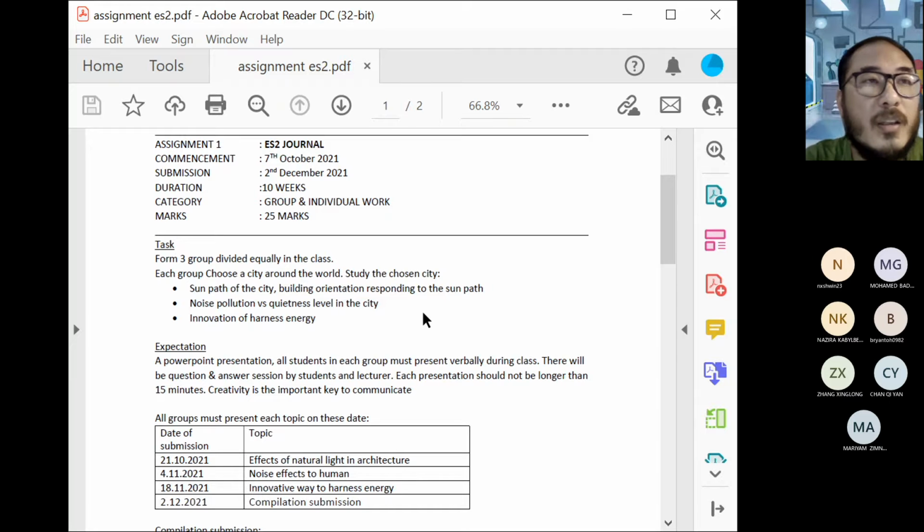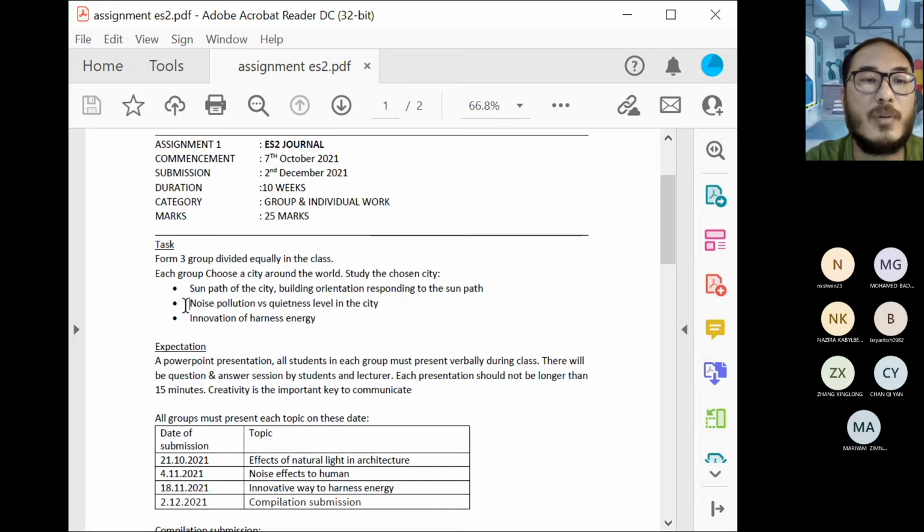I think all three are metropolis level in terms of density. So you start with an introduction of the city: where its location is, the general temperature, general climate and seasons.